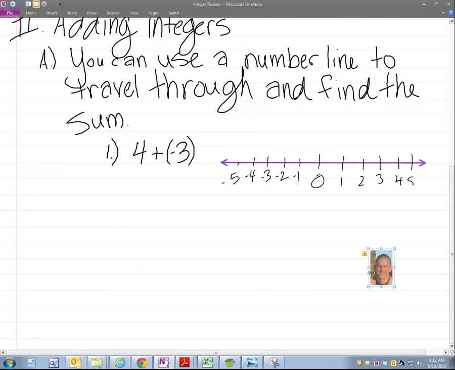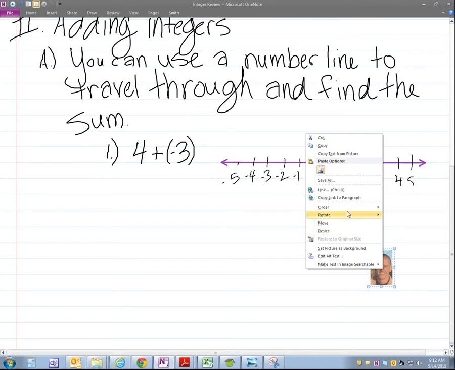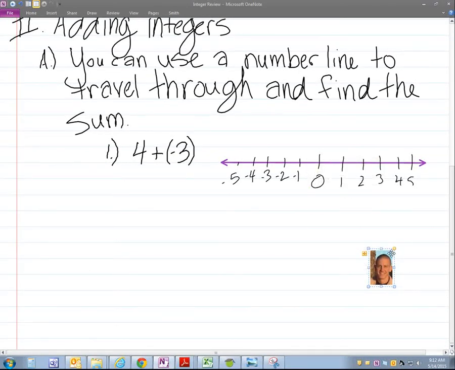No, you're just going to do a dot as we do this. Order, bring to front. There we go. So we are starting at 4, right?